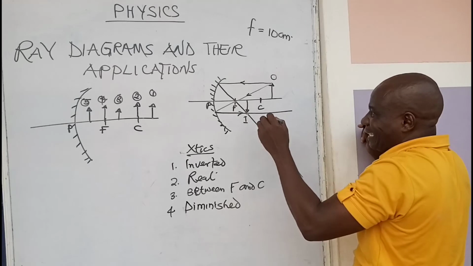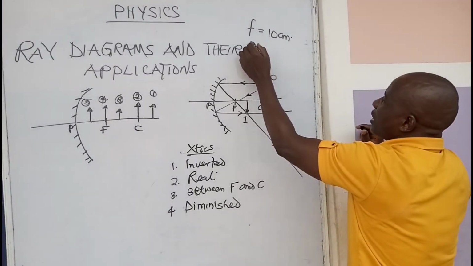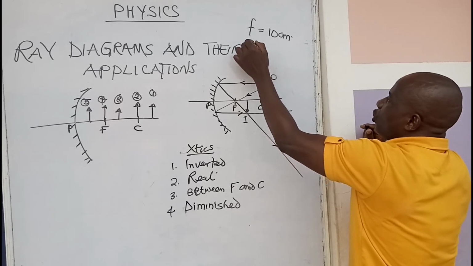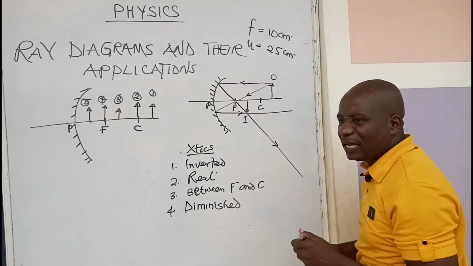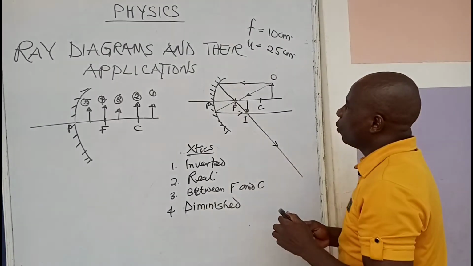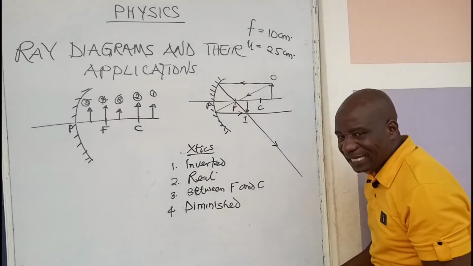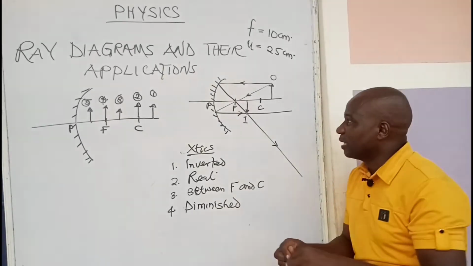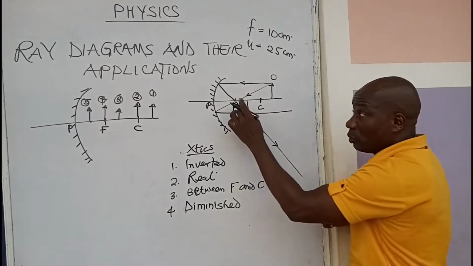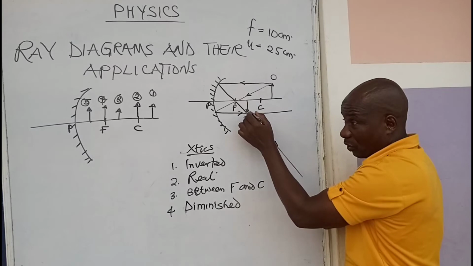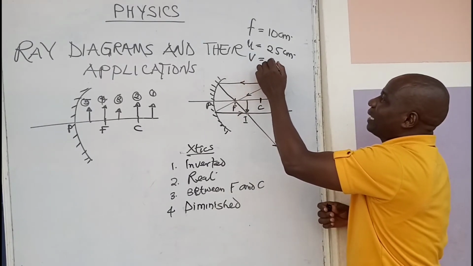Our object, we were told that it is 25 centimeters. That is U, the object distance, 25 centimeters. Now, if they ask you what the image distance is, your image distance V is going to be more than 10, because it's in front.